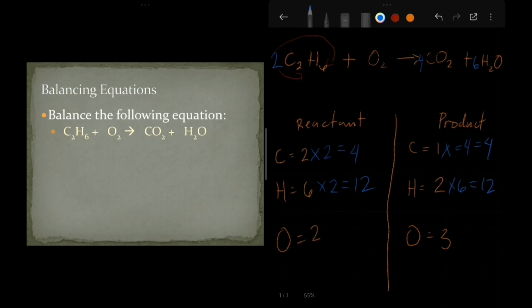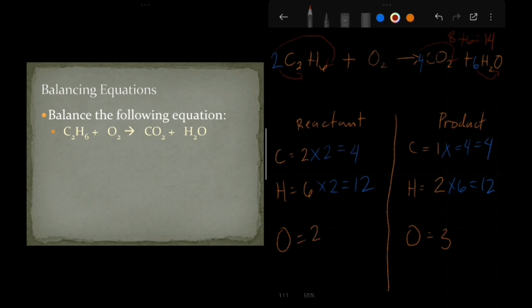Now for the oxygen, it will be easy because when you multiply it, 4 times 2, that will be 8, plus this one, 6 times 1, that will be 6, right? So 8 plus 6, that will be a total of 14.